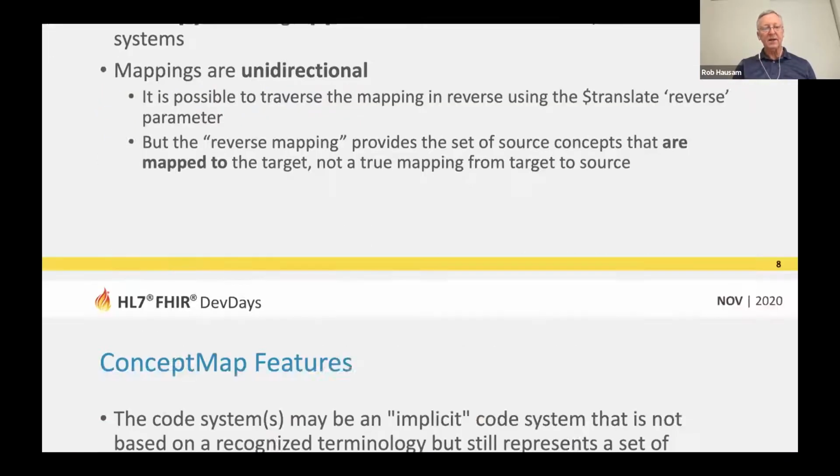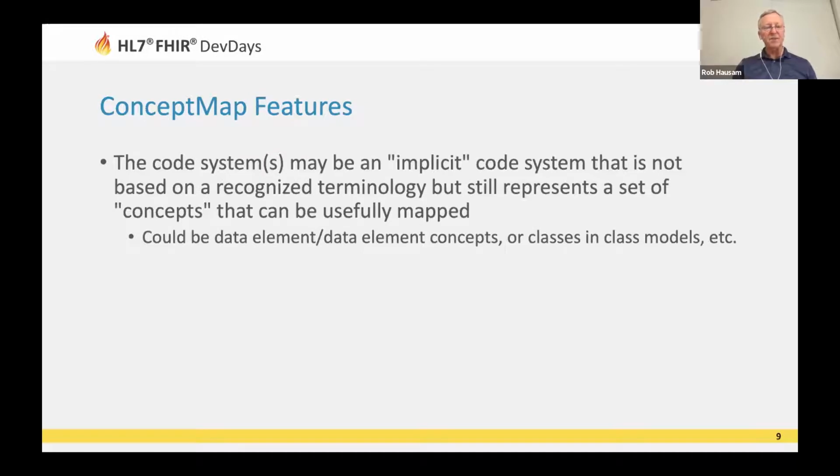Okay. So this is the part that I want to drill into a little bit further than I did yesterday, and that's on the notion of implicit code systems. These code systems are not necessarily based on some kind of recognized terminology, like say SNOMED CT or LOINC or RxNorm or ATC or AMT in Australia for medications.